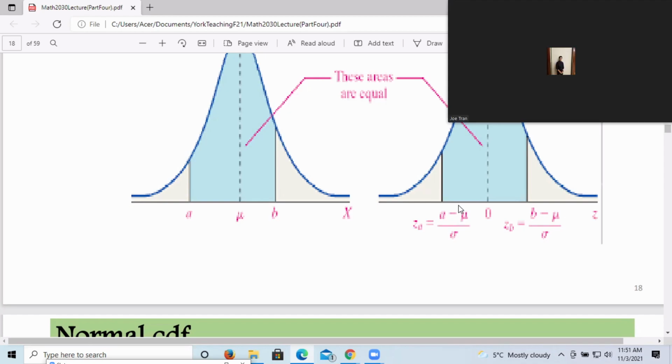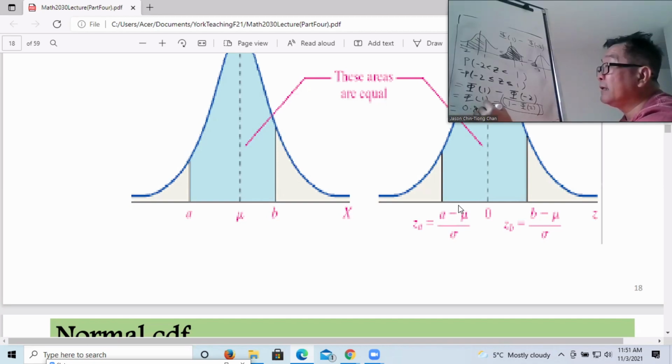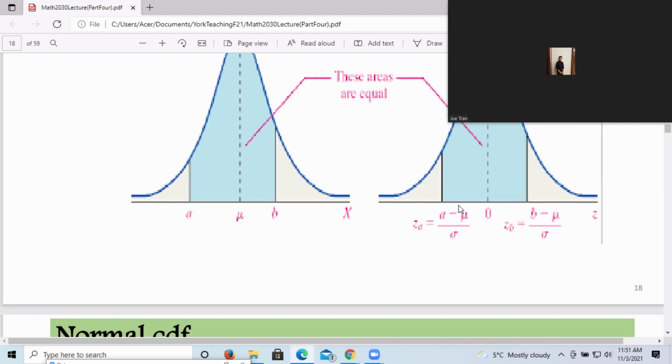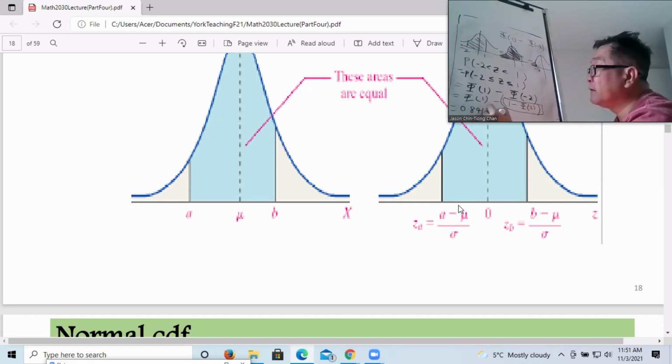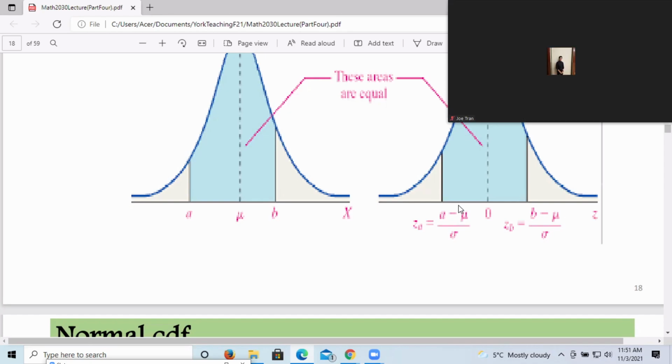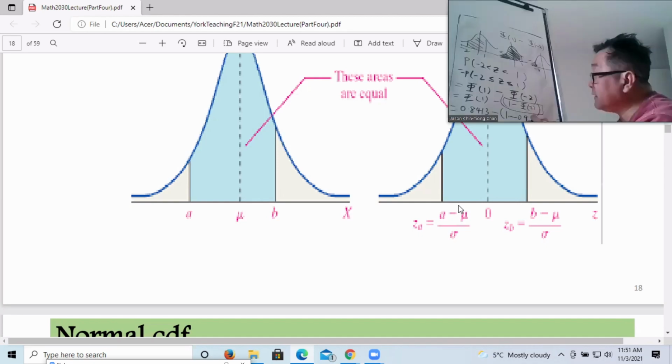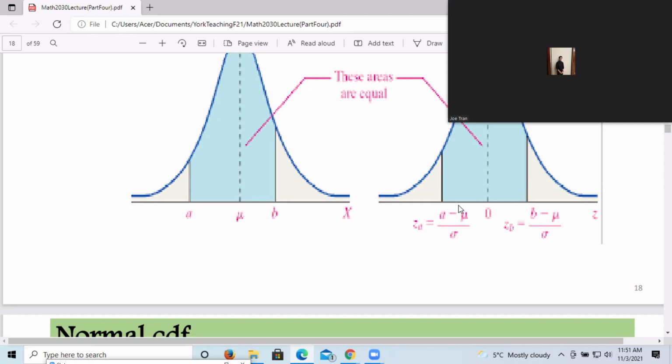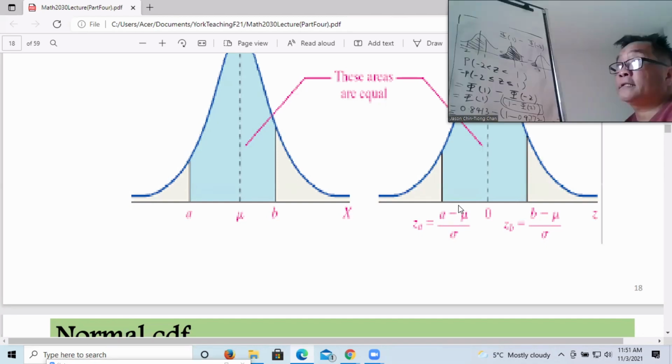Is it 0.8413? 0.8413. Minus, how about this one? 0.9772. Okay. So can you help me to get the final answer?